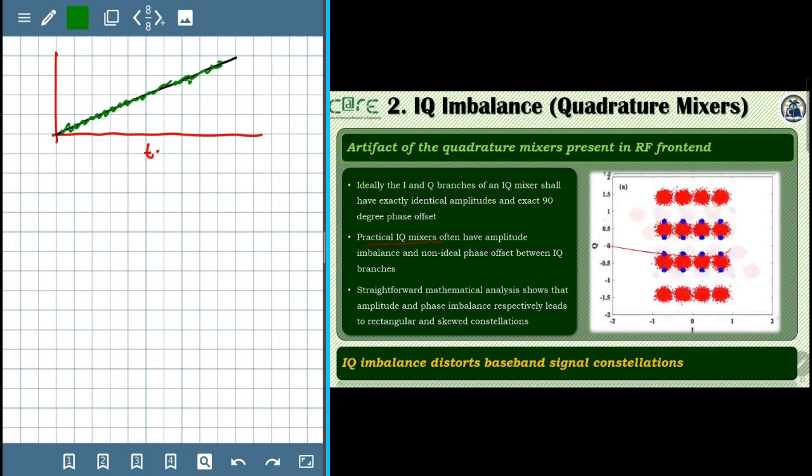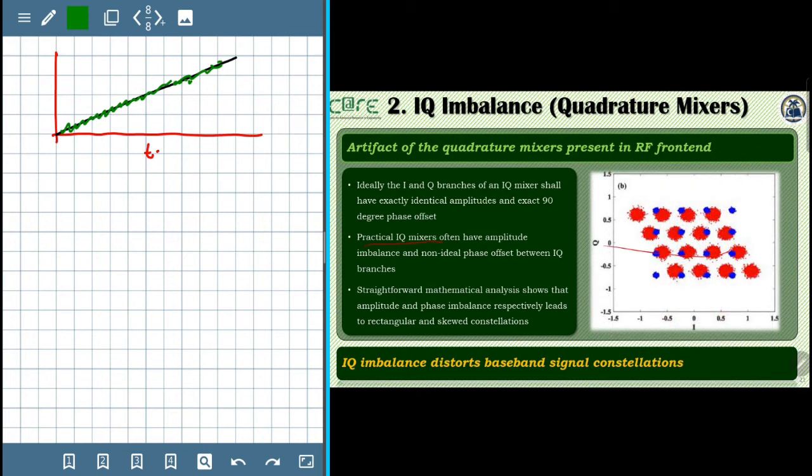Another possible artifact is the phase imbalance, and it can be shown mathematically that it introduces a skew in the constellation, and instead of the ideal blue constellation, we get the red constellation, which is skewed towards the left.